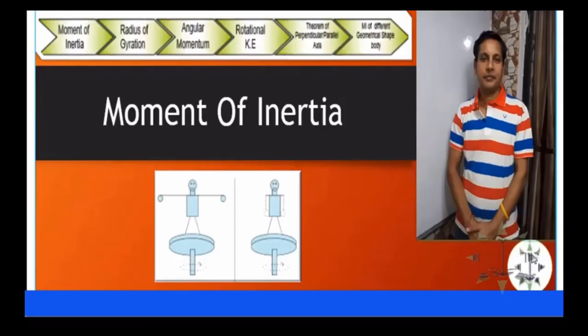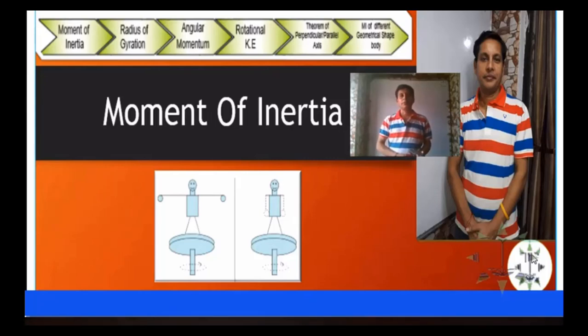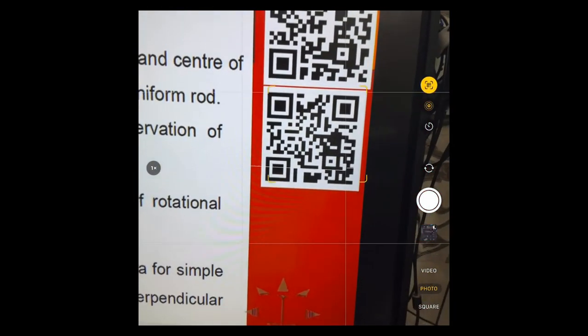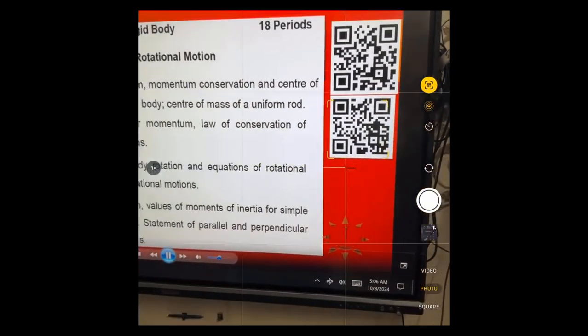So this is how we can scan the QR code and see the lectures. This is a digitally developed syllabus for your standard 11 and 12 physics topics.